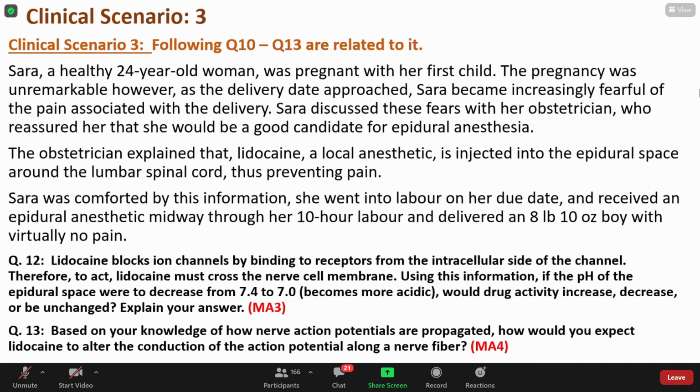Okay. If we allow the inside of the axon to be more acidic and we have a basic drug, when the weak base is entering, correct me if I'm wrong, it will ionize and get stuck inside the cell. So I think the activity of the drug will increase.